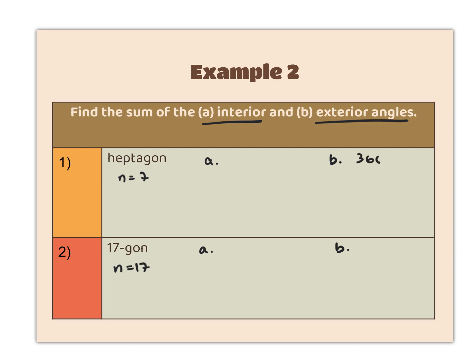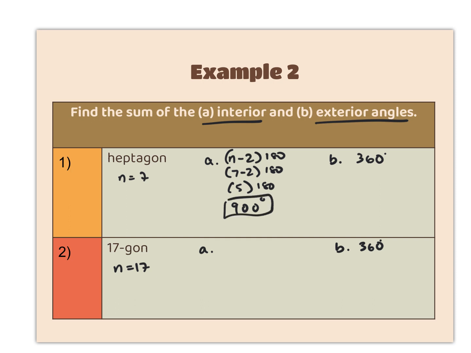B is always 360 degrees. B's easy, okay? The interior angles is where the math is involved. So if it's a heptagon, n is 7, so my formula is n minus 2 times 180. So 7 minus 2 times 180, or 5 times 180, which is going to be 900 degrees.